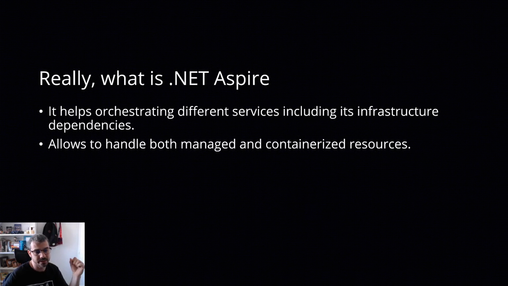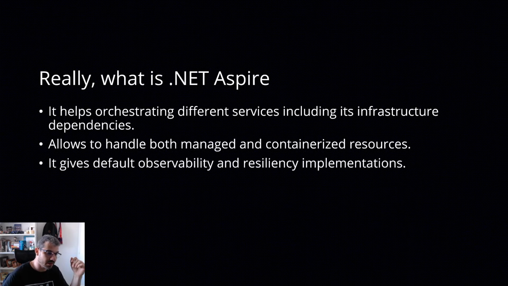As you can see, the entire ecosystem is in full swing, and the community is very excited about what .NET Aspire provides and the new features that each new major or minor release brings. More things: it provides default observability and resilience implementations, centralized in a part of the project called service defaults, something mandatory for real production-ready apps nowadays.